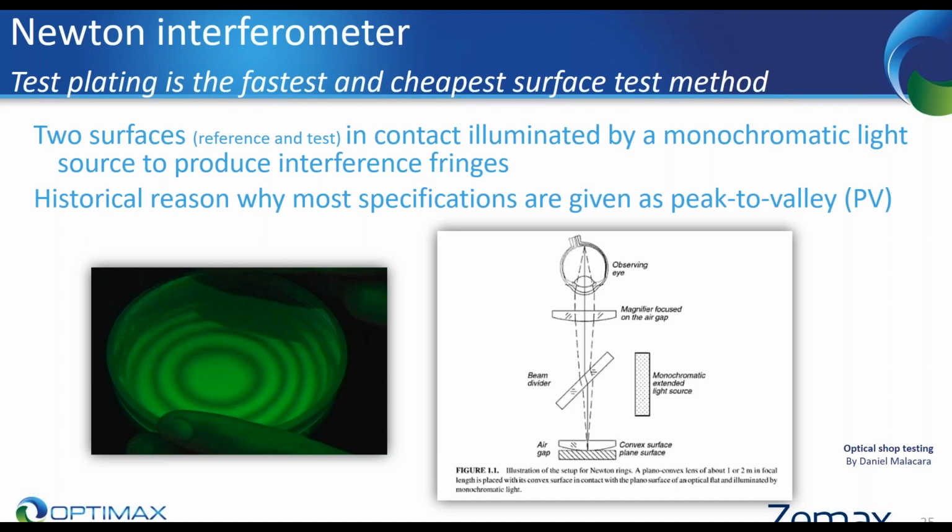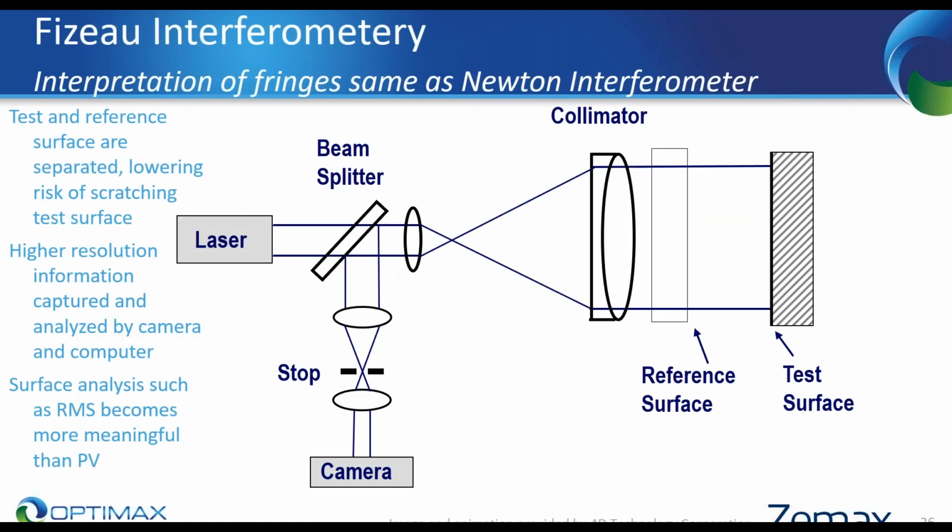And when you're looking at this and you're seeing the fringe pattern, you can determine the difference between these two to calculate the surface form of the optic under test. This is a historical reason why most specifications are given as peak to valley, because when your only detector and your analysis is done by your eye, this is the best resolution that you can do.